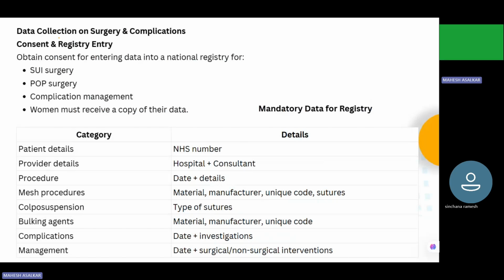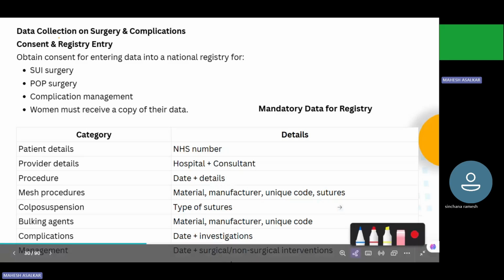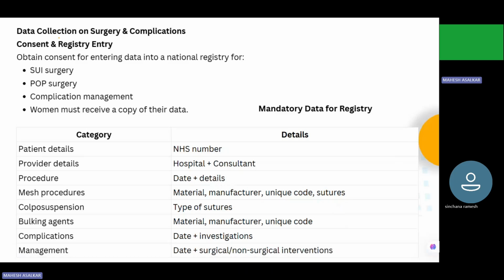Then colposuspension, what are the types of sutures which were used? If bulking agents are used, then the material, manufacturer and unique code need to be mentioned. Complications, the date and investigations pertaining to the complication need to be mentioned. And management, on which date and what surgical or non-surgical intervention has been carried out, that needs to be mentioned in the registry.